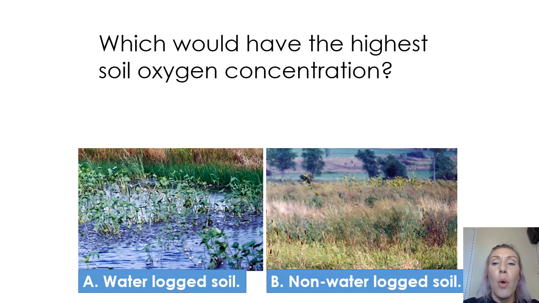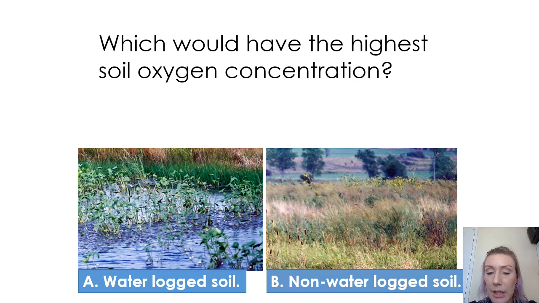Okay, next one. Which would have the highest soil oxygen concentration? Now, soil gets its oxygen from the air as well, so it has to diffuse from the air into the spaces between the soil particles. So which do you think would have better oxygen concentration?